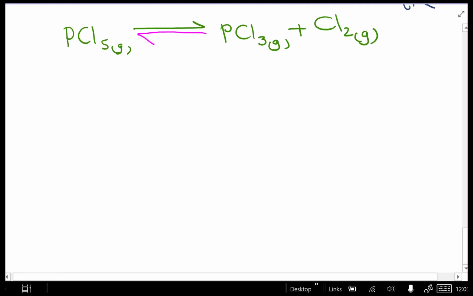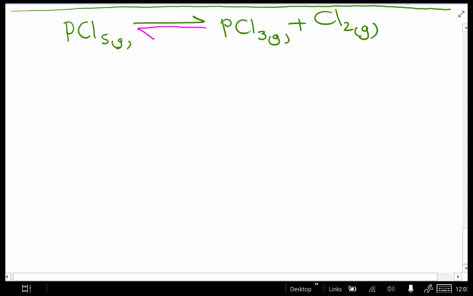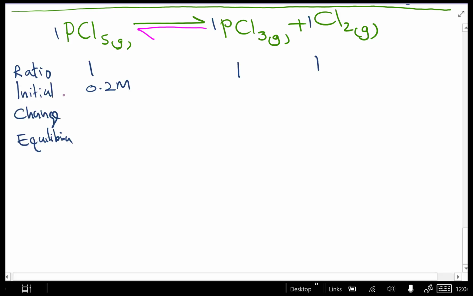Now let's go to the next part, which is the mathy part, the ICE table. That's how we actually do the problem solving. I call it the RICE table because the ratio is also important. The ratio in this case is 1:1:1. Then initial, change, equilibrium, and molarity is the only thing we put there.